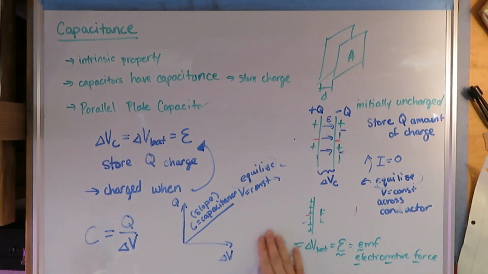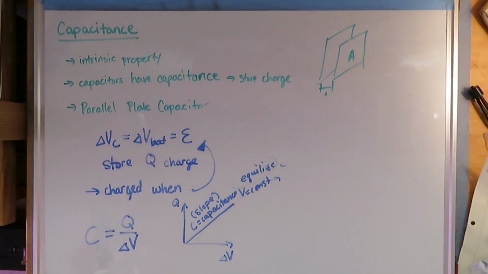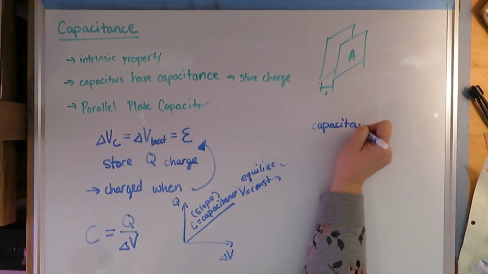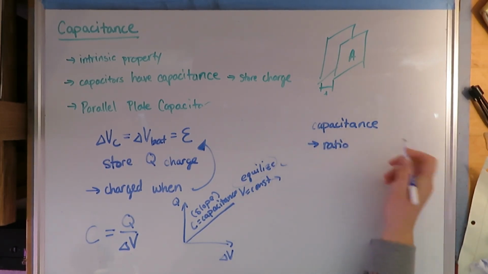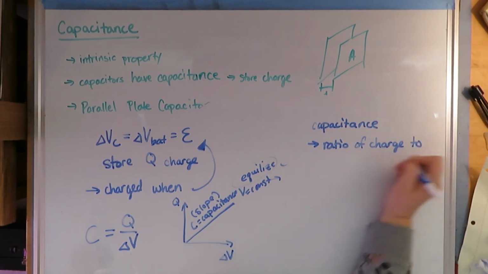So this gives us the idea of capacitance, where capacitance we can define as the ratio of charge to potential difference.